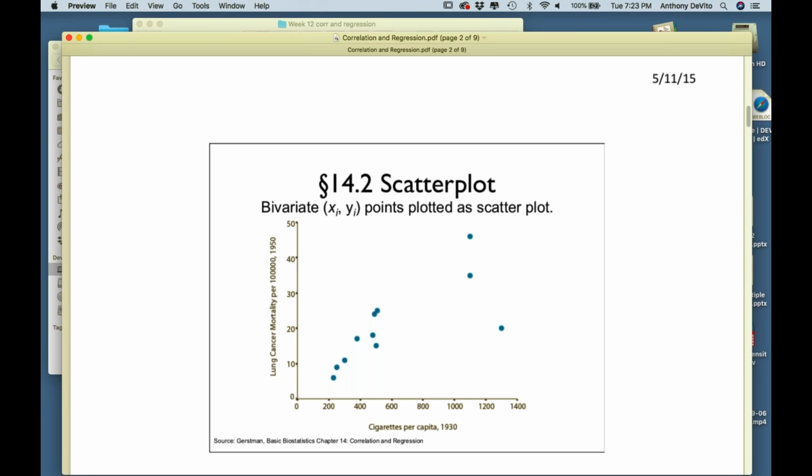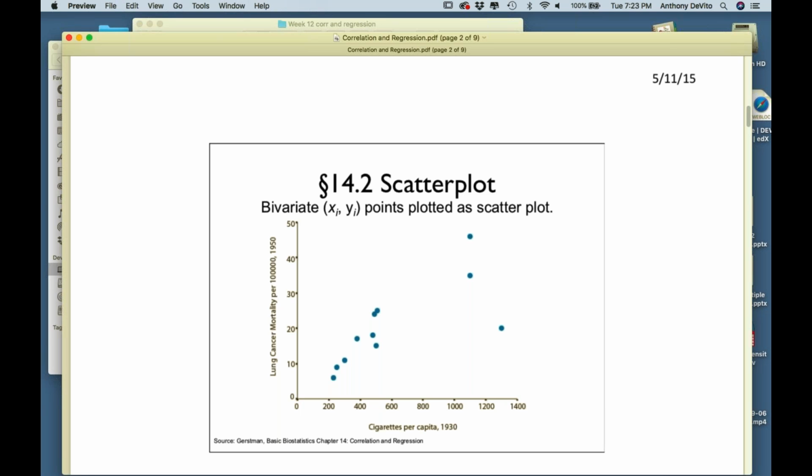We can create a formula that'll help us understand how a health intervention might affect this outcome. Right? So, for instance, if I were to assume that we can represent this with a straight line, we can create a formula for a straight line.